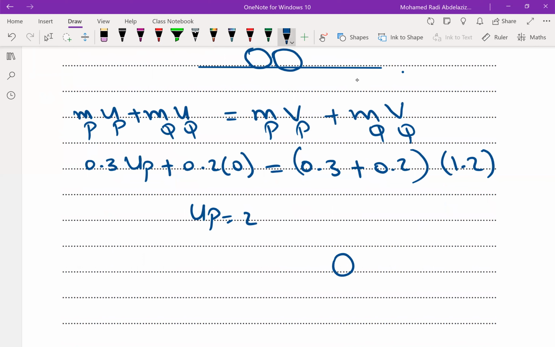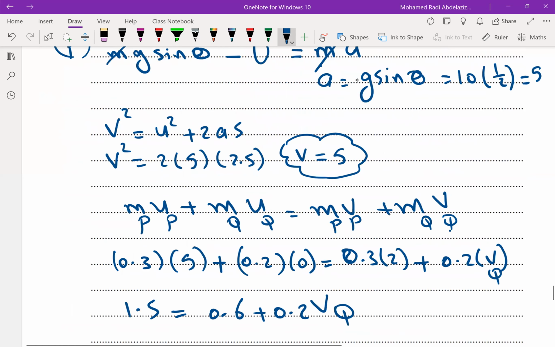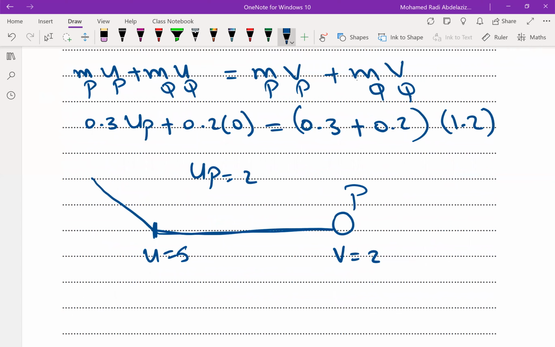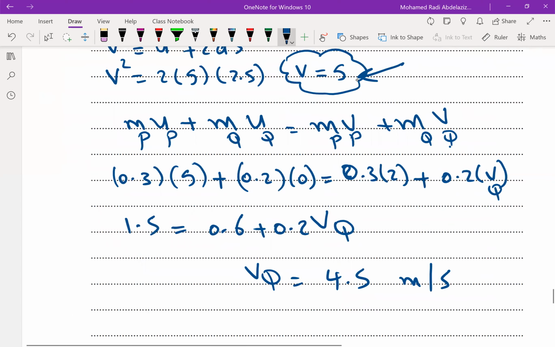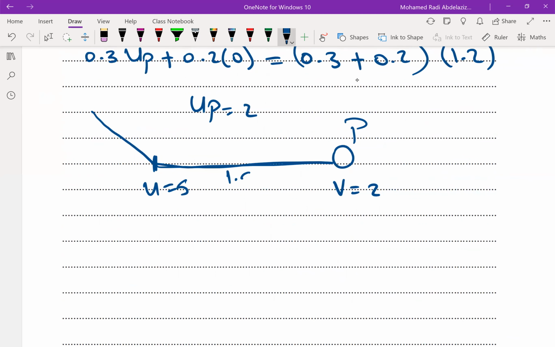Now, particle P, this is the inclined plane, this is the horizontal plane. For particle P, now I will use the final velocity 2, and the initial velocity we found in the previous part, which is 5. And the displacement on the horizontal plane is given as 1.5.